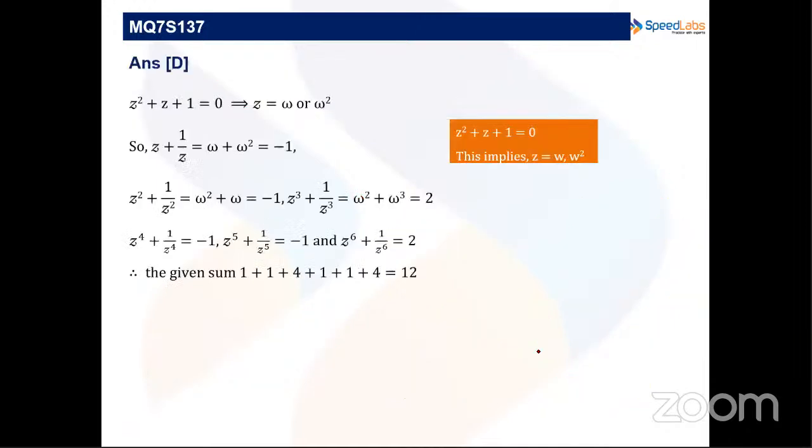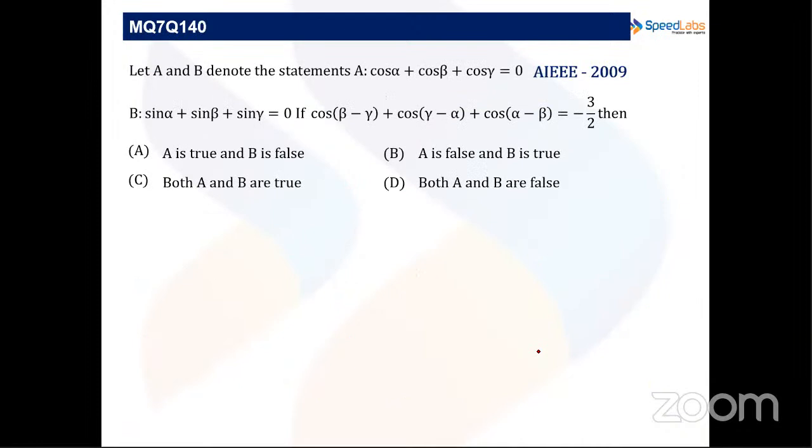Moving to the next question. If A and B denote the statements, A is cos alpha plus cos beta plus cos gamma equals 0, and B is sin alpha plus sin beta plus sin gamma equals 0, and cos beta minus alpha plus cos gamma minus alpha plus cos alpha minus beta is equal to minus 3 by 2, then let's put 2 in here.